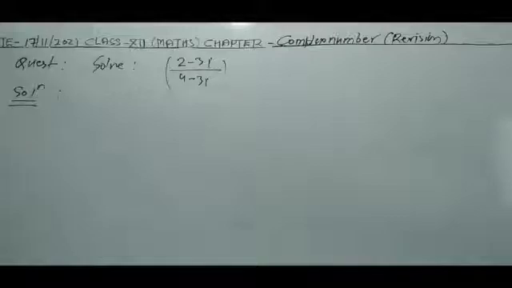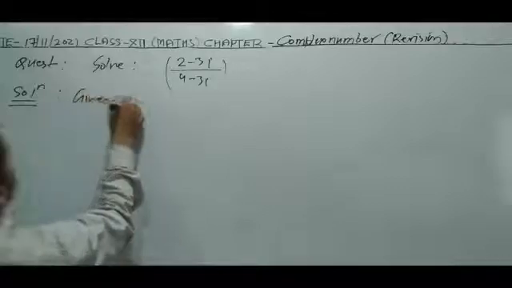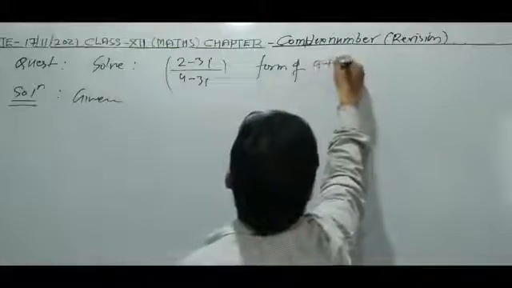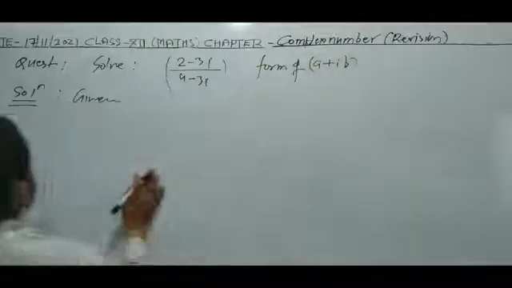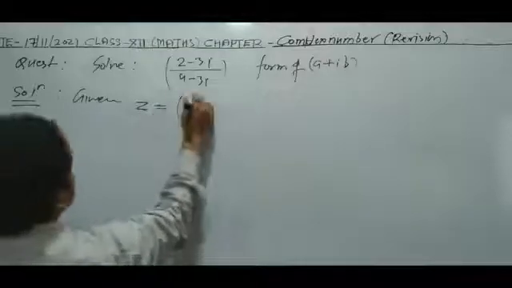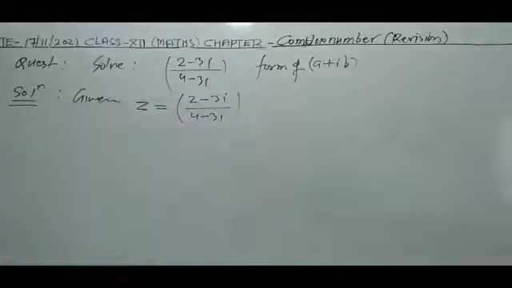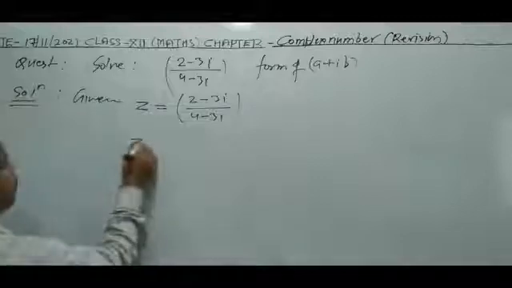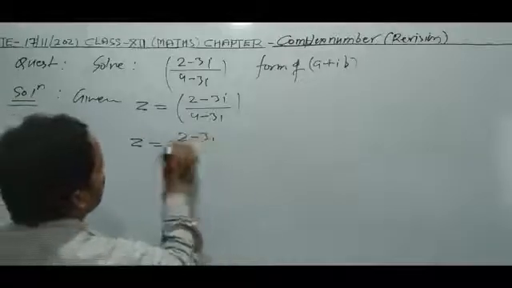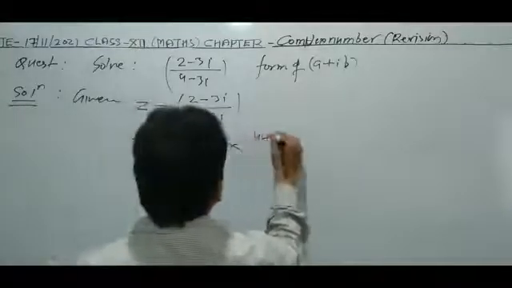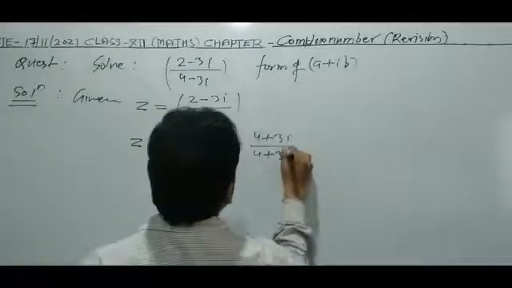So what we have to do in this question? I am writing it in the form of a plus ib. So given z is equal to 2 minus 3i whole upon 4 minus 3i. Now we have to rationalize. So multiply by 4 plus 3i whole upon 4 plus 3i.